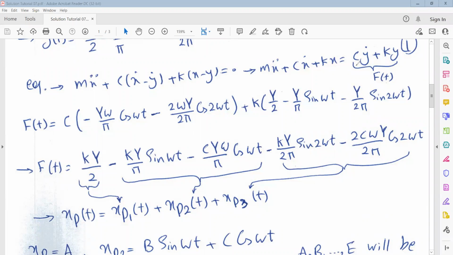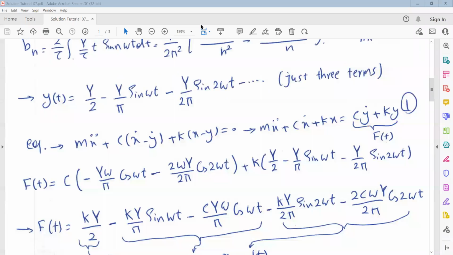Now we substitute for y dot and y from the Fourier series. When we have y here, this term is y, and y dot will be the derivative of this function with respect to time. The y divided by 2 is a constant term, so its derivative is equal to 0.